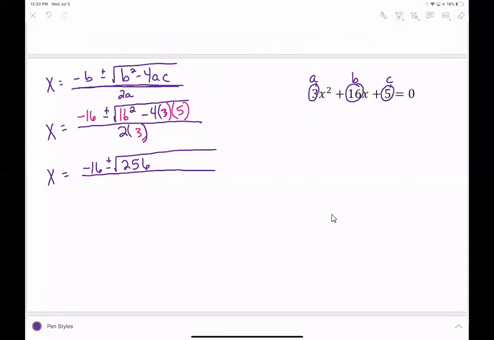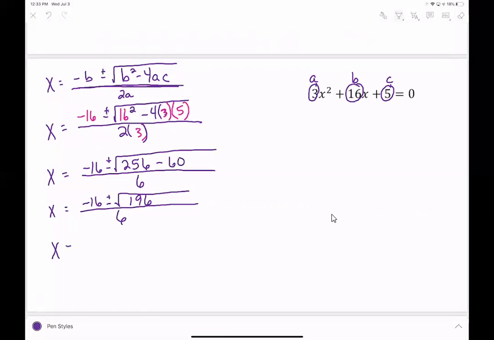And then I'm going to multiply negative 4 times 3 times 5 to get a negative 60. And then I'm going to multiply 2 and 3 in the bottom to get a 6. The next thing you're going to do is continue simplifying under the radical. So 256 minus 60 will give us 196.